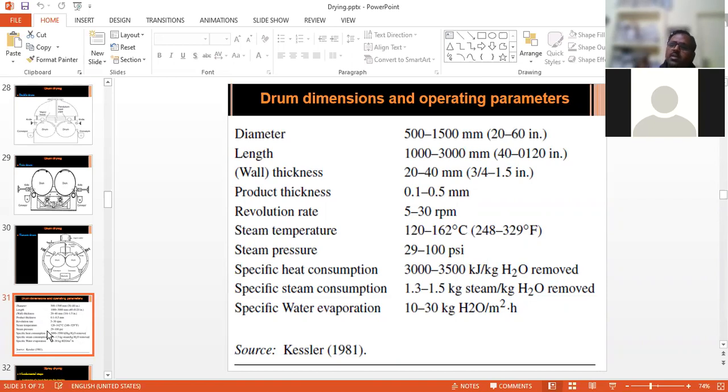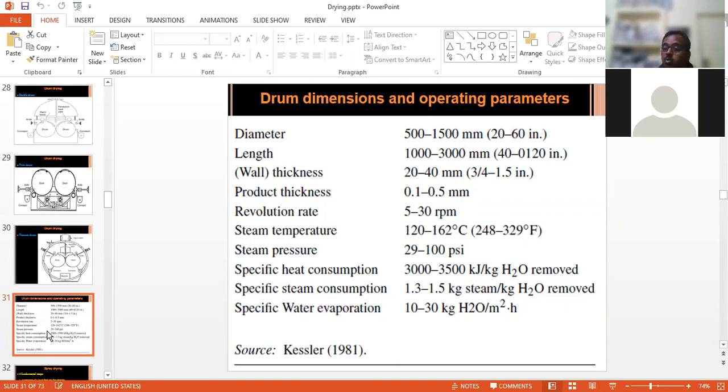The plant is easy to handle, so there is no need for a very skilled person. This is the beauty, and it is best suited for a small quantity of milk, and we can get milk powder at economical cost.